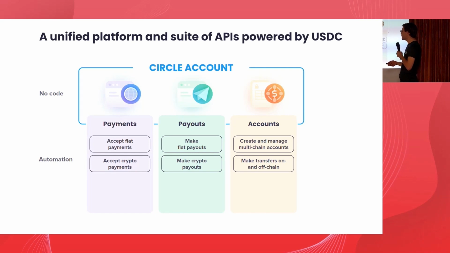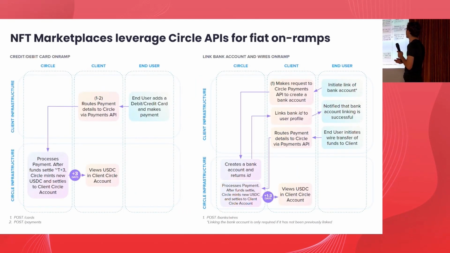So for my last slide before I hand it back over to Yongsheng, I want to talk a little bit about the specific APIs. These are the actual flow of funds diagrams that we work with our customers to create. This is an example we built for an NFT marketplace, but it's going to be basically the same for a yield system or DeFi or anything else like that. And for credit cards, it's pretty simple.